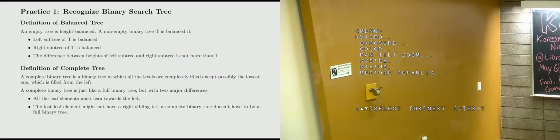So does it mean that if there's 2 on this end and 1 on this end, since the difference is 1, it will be balanced? Yeah, this one will be balanced. The reason we consider this tree balanced is, first of all, that's the definition of balance: the difference is not more than 1.